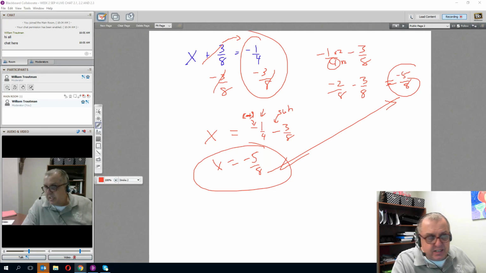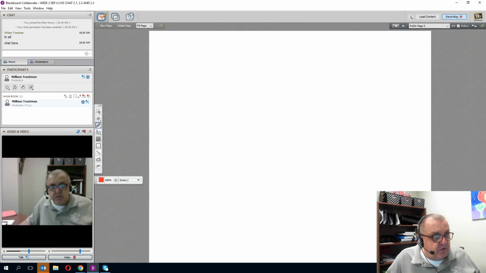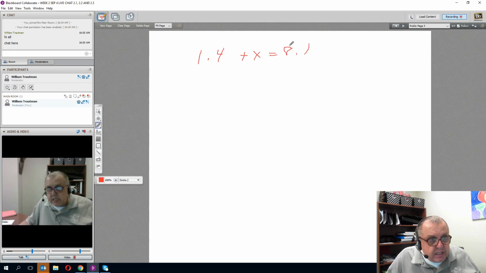Let's do a quick decimal one. Decimal's nothing hard. Once again, if you're not familiar, use a calculator. Plus 1.4 x equals 8.1. This is all section 2.1. I need to get x by itself. I need to take the 1.4 to the other side. This is a positive 1.4.